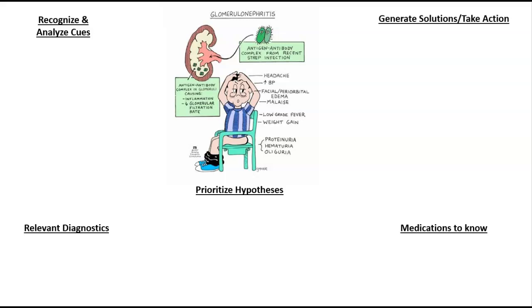A for airway. Daily weights, checking abdominal girth. Notifying the doctor if we have signs of increased fluid retention, including JVD, increase in their weight, shortness of breath.